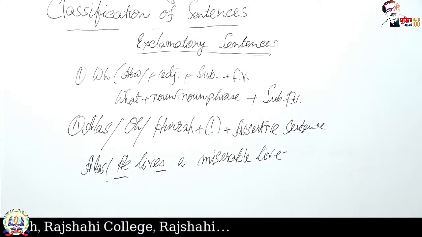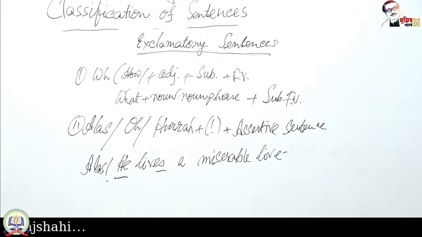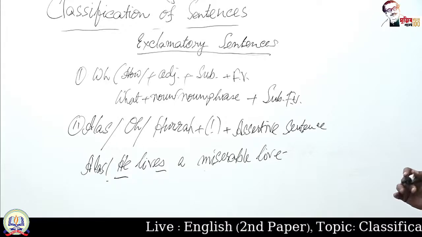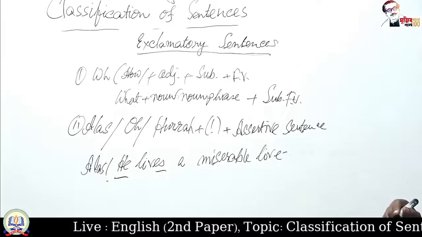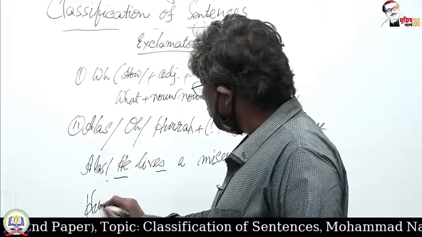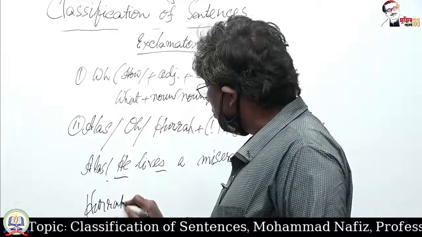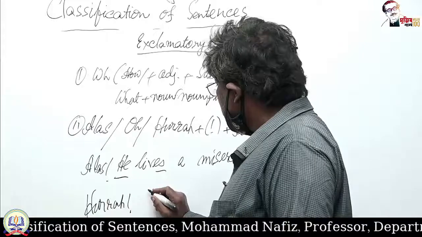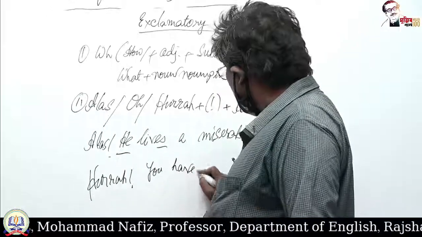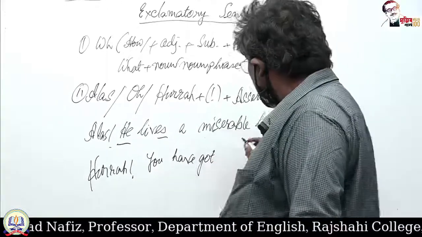After 'may', after 'had', we do not use an additional s, I repeat, but after expressions like 'alas', 'oh', or 'hurrah', where necessary, we must use the structure of the assertive sentence. 'Hurrah! You have got the prize.'